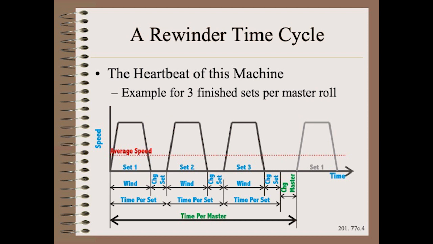It may stop for any number of reasons, but on a rewinder, the most likely stop is for daughter roll changes. And the next most common is for master roll changes. Here I show 3 daughter rolls per master. But your rewinder operation may be 1-to-1 or 10-to-1 or something else entirely.